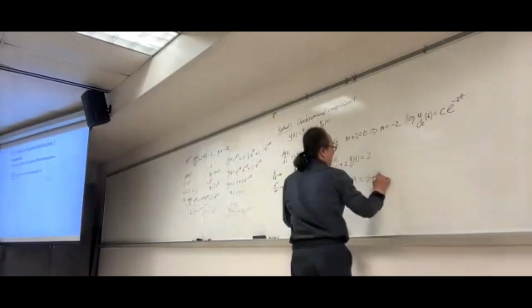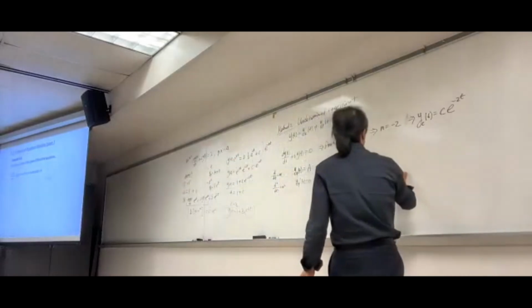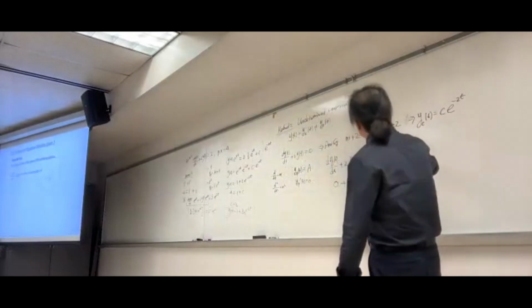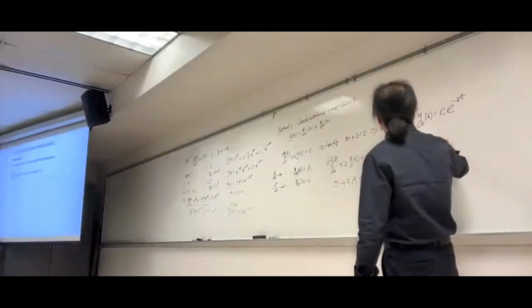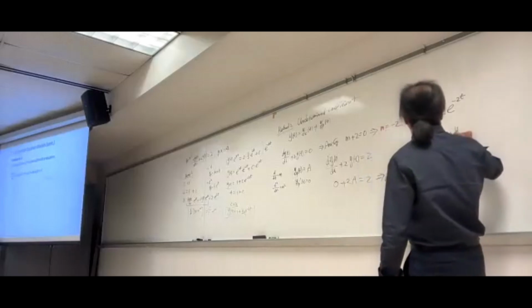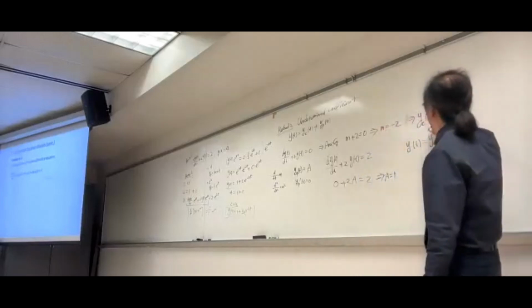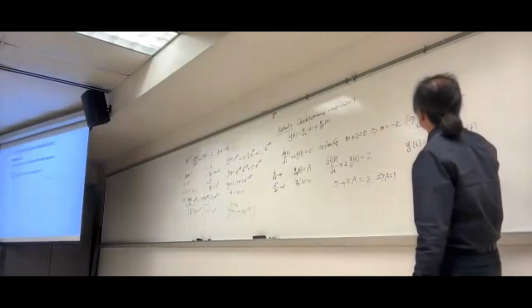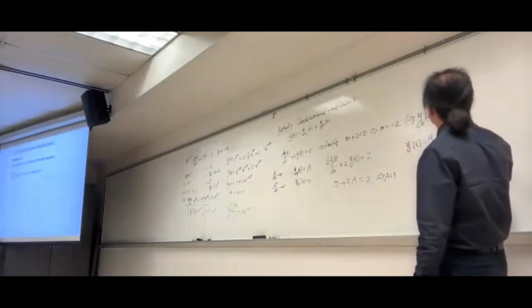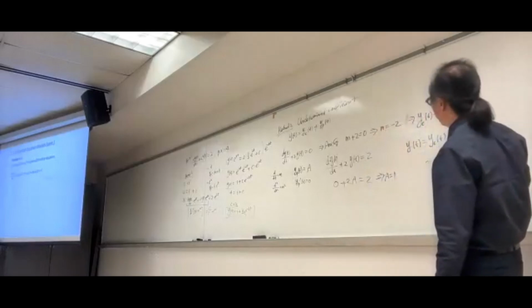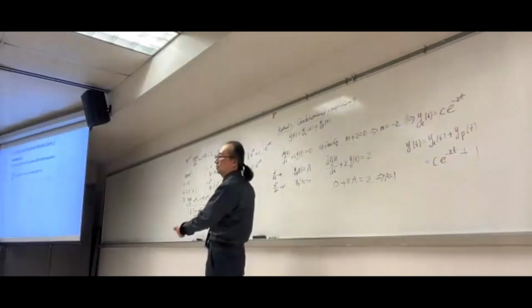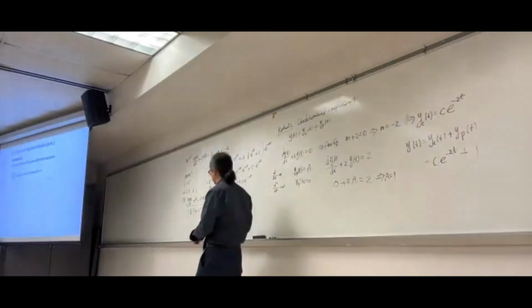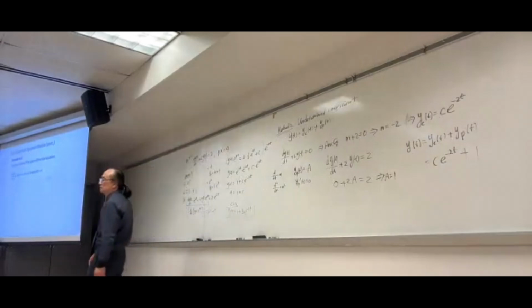From here, we have a equals 1. So the solution is y of t equals yc of t plus yp of t. yc of t is c e to the negative 2t, plus yp of t, which is 1. That's exactly the same as the earlier answer, and when you use the initial condition, we end up getting the same answer.